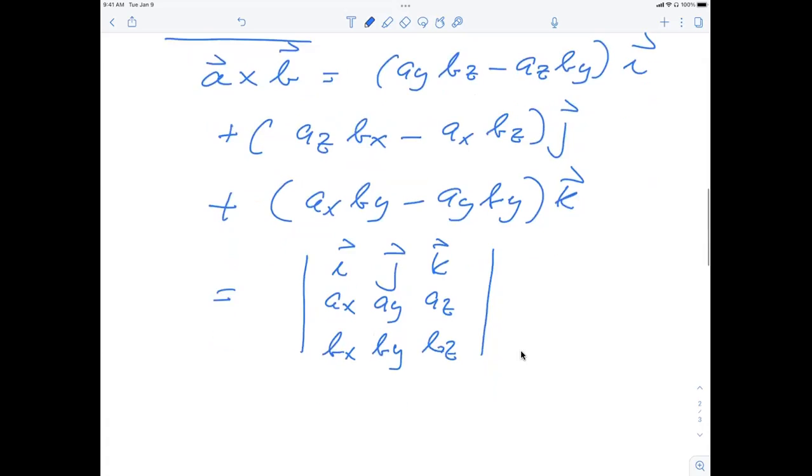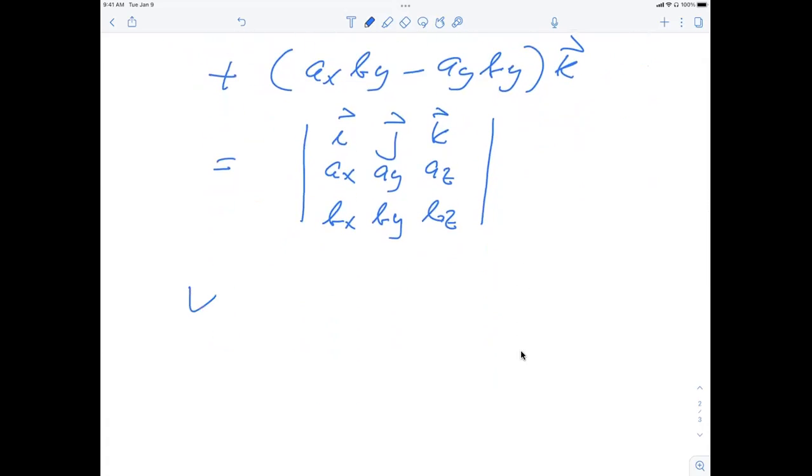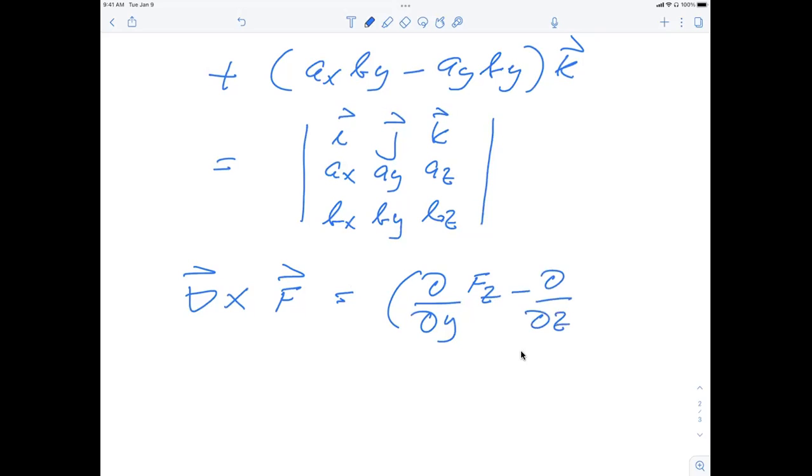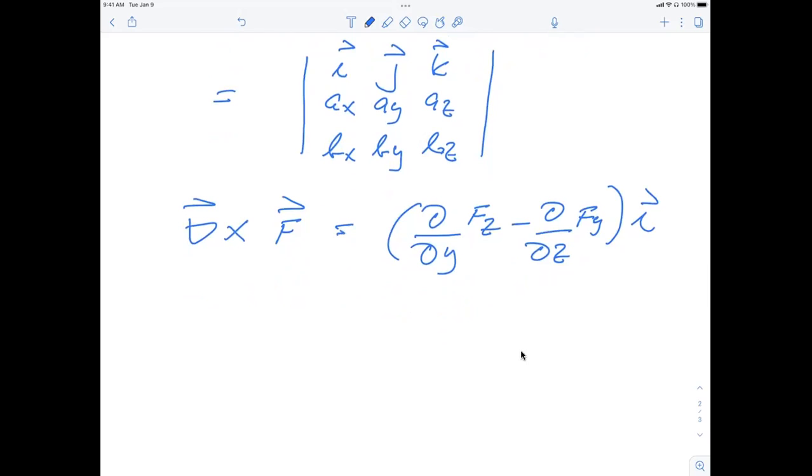But what you will find out when you look at the curl of the force is that it is going to be equal to the following, and now you need all these expressions. You would need d/dy multiplied with F_z, minus d/dz of F_y, and this is multiplied with the unit vector in the x direction.